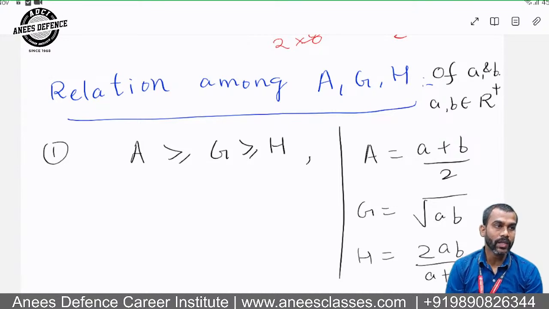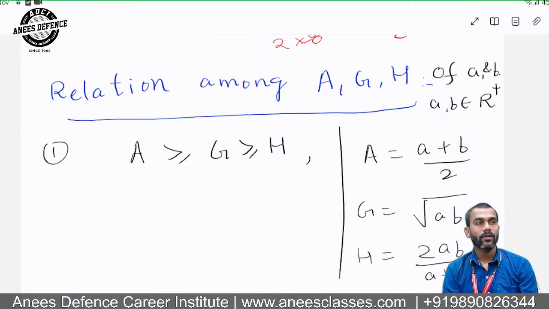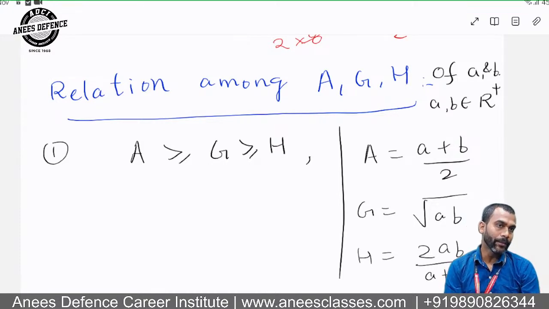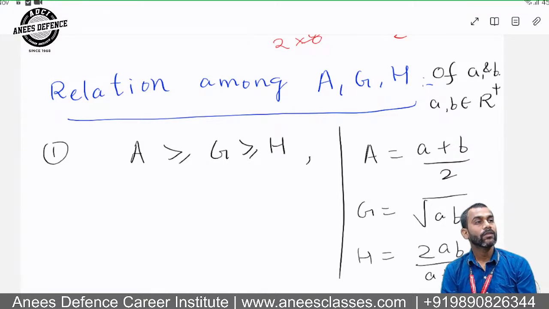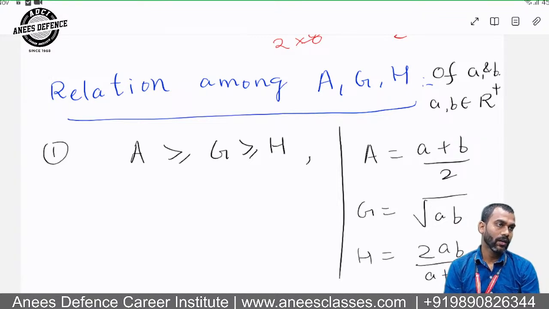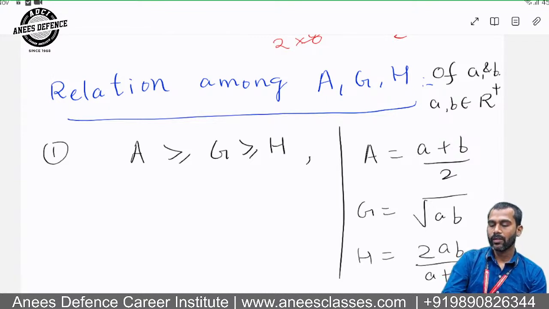If x1, x2, x3 up to xn are in GP, then GM is under root x1 into xn. If they are in AP, then AM is first term plus last term divided by 2, x1 plus xn divided by 2. Okay. So H is 2AB over A plus B.